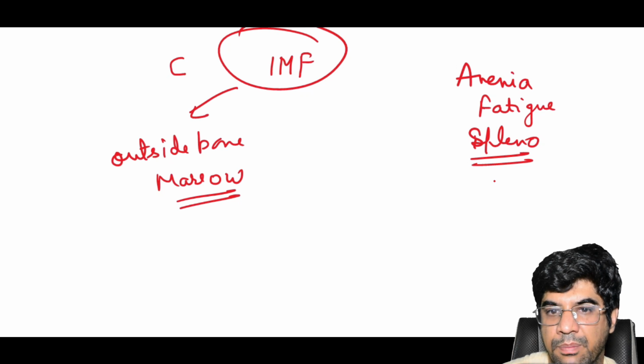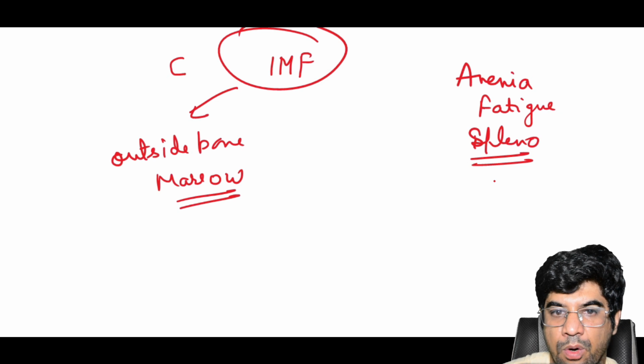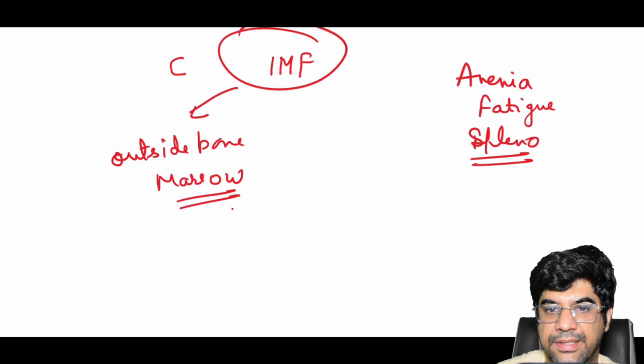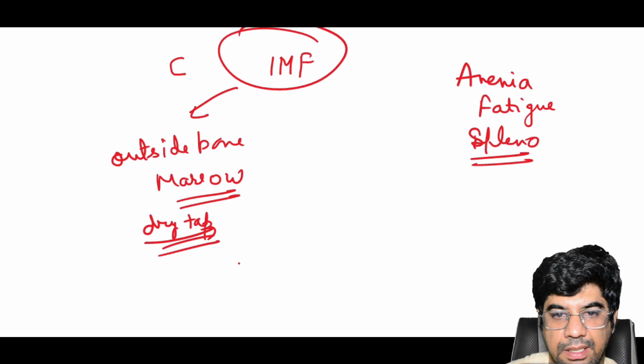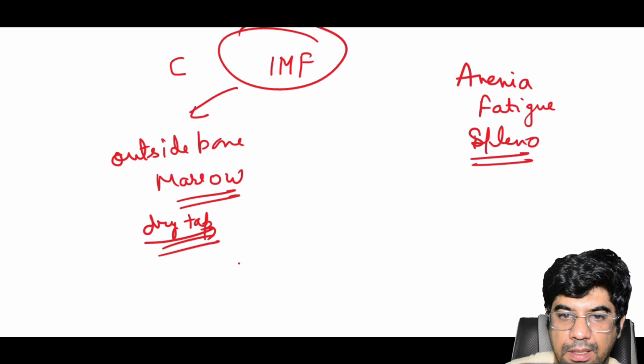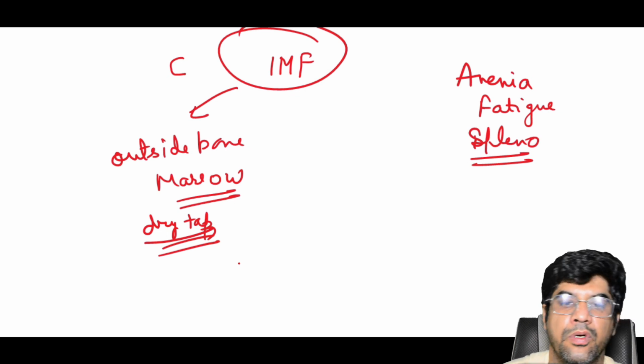Peripheral blood smear may show bizarre red cell shapes, teardrop poikilocytes, basophilic stippling. So these are the features. The bone marrow might show dry tap, increased reticular networks, etc. It does not require any specific therapy. Anemia and ineffective erythropoiesis are difficult to treat and they don't respond to erythropoietin.